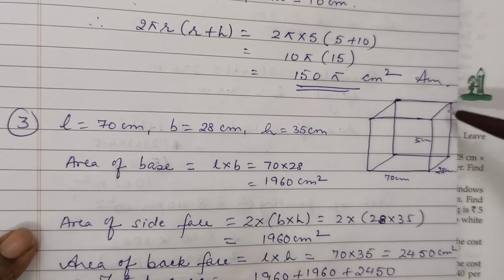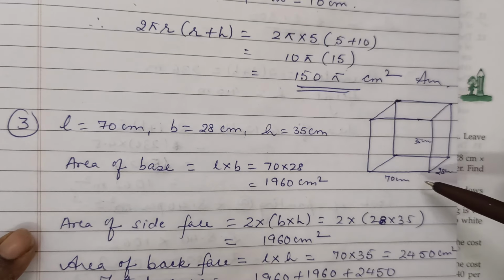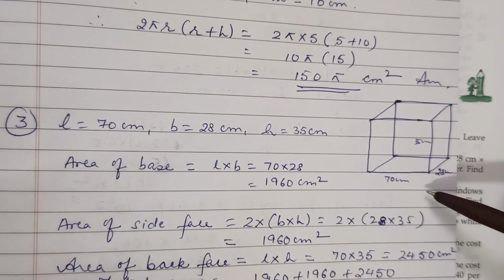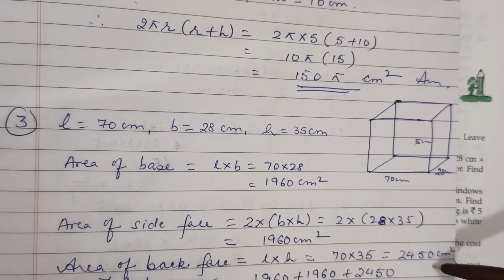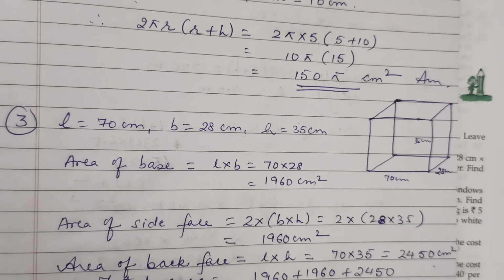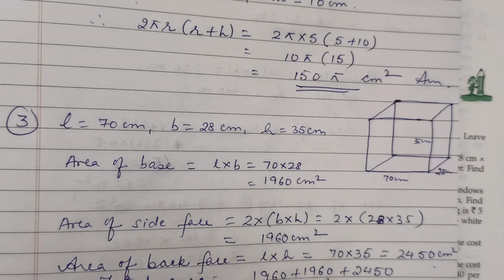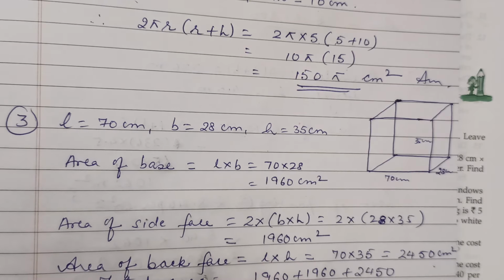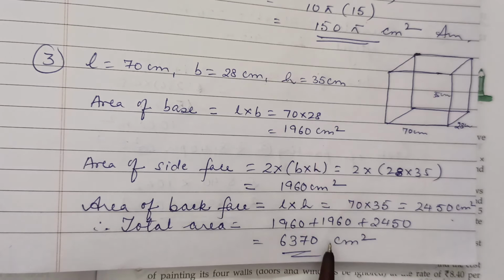And area of back face, means the face just at the back of this, is L into h, that is 70 into 35. When you multiply, you will get 2450 centimeter square. So what is the area of paper required? That is 1960 plus 1960 plus 2450, that is 6370 centimeter square.